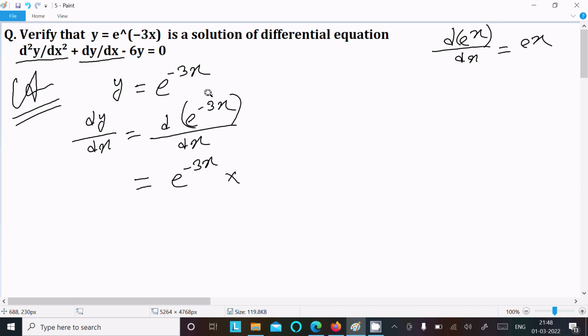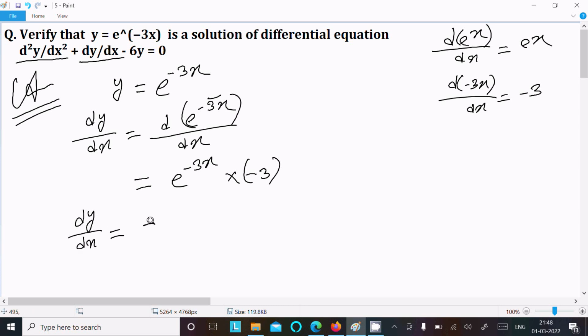Then after that, minus 3x differentiation: d of minus 3x divided by dx, the value comes minus 3. So here we can write dy by dx, the value that comes is minus 3 e power minus 3x.